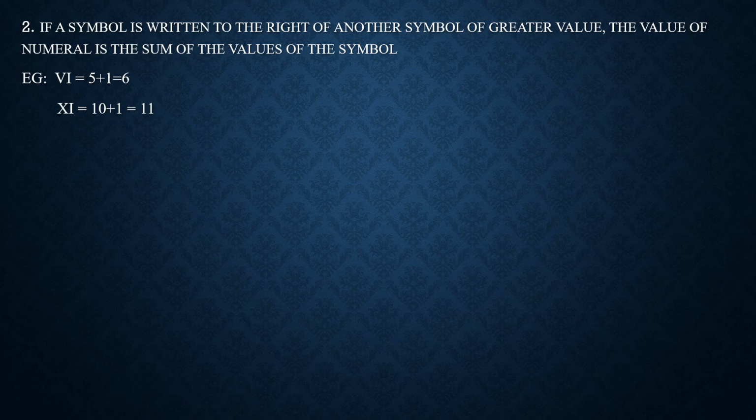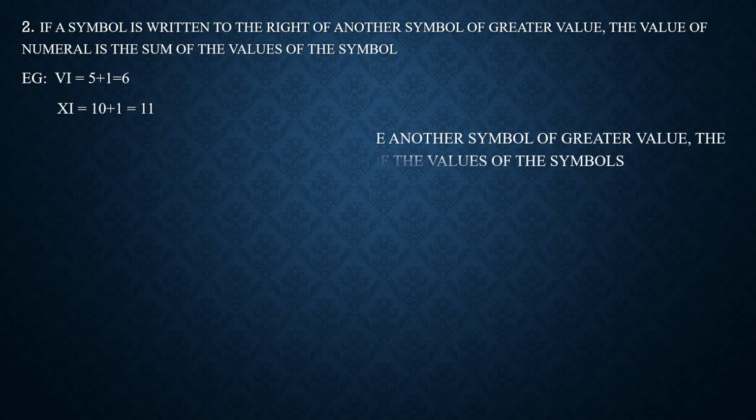Since the I comes after V, 5 plus 1 is equal to 6. The same way XI, the I is of lower value, so it comes to the right side of the larger value. Therefore we add it. 10 plus 1 is equal to 11.